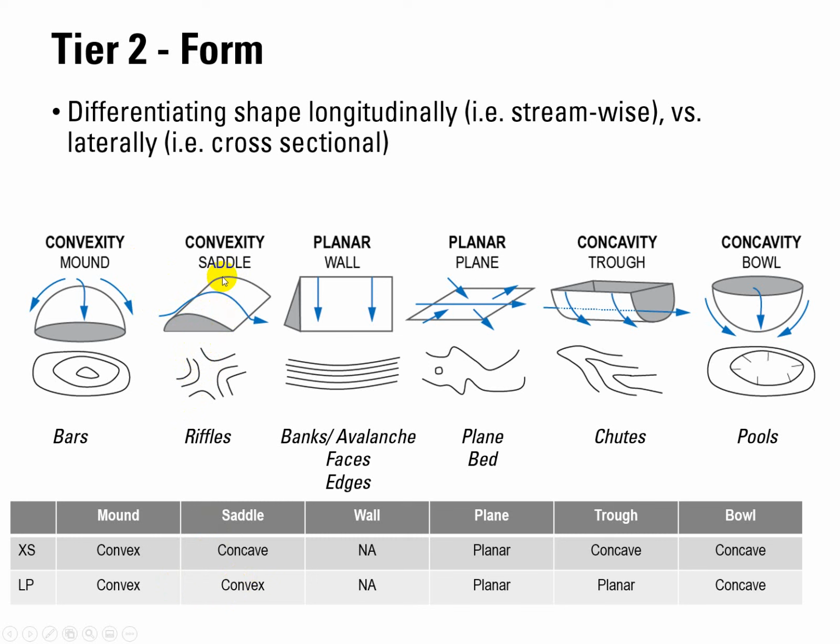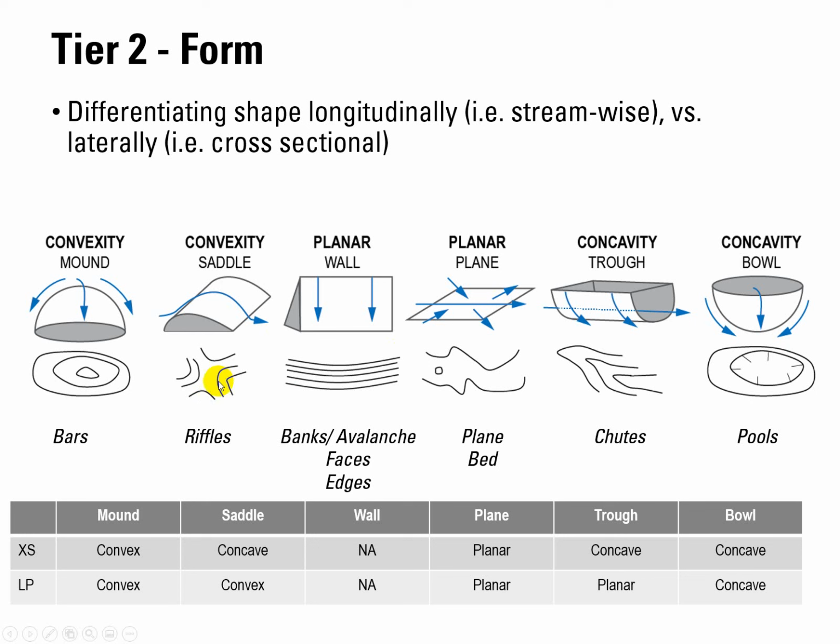But by definition, the thalwag is the deepest part of the channel, and so it's actually concave in cross section. Another example of this in nature, a pass, right? When you go up over a mountain pass, it's that special part of the ridge where it dips in between two ridges that are rising up.